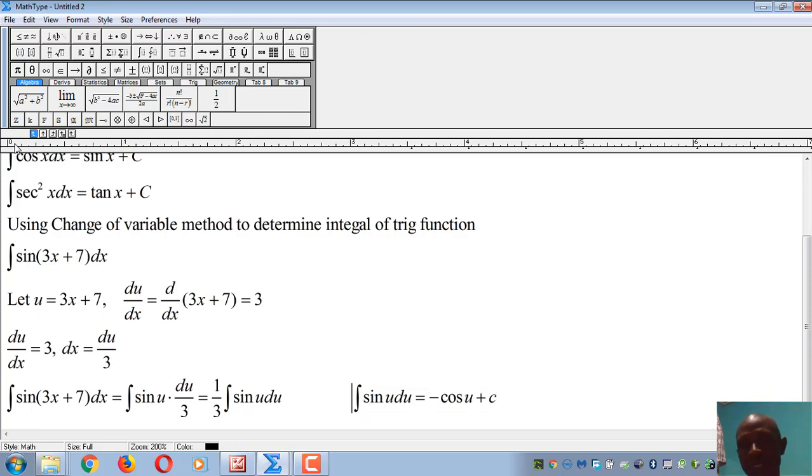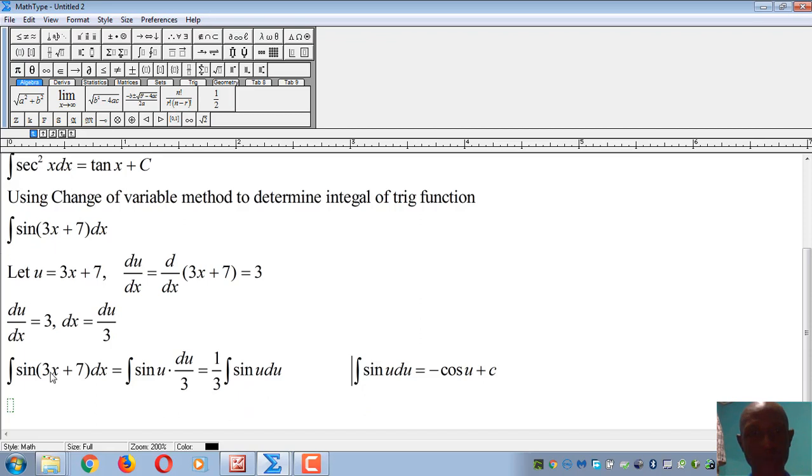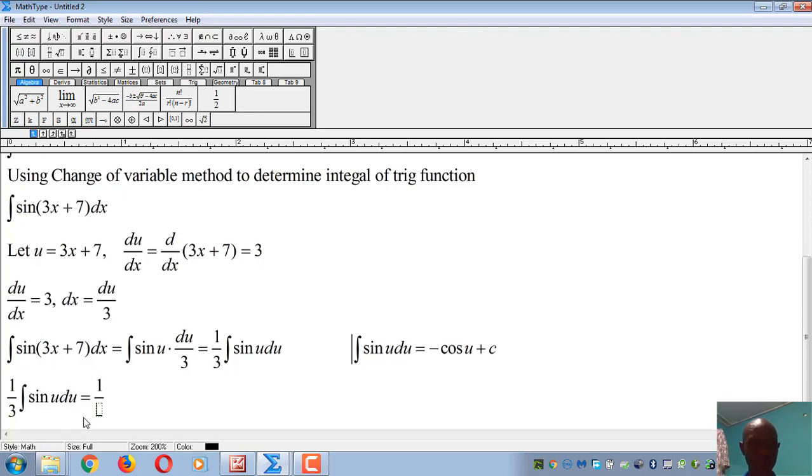Now it's much easier for us to determine this because I've given it in the table up there. I can now say that this is the same thing as 1 over 3 times minus cos u plus c.